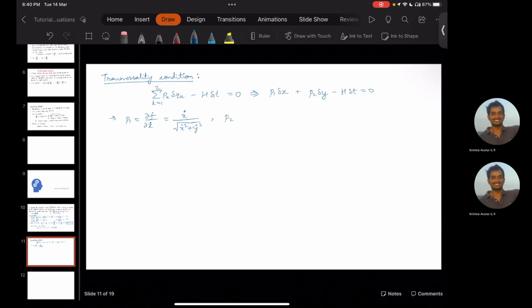Likewise, p2 is partial F by partial y dot, which is y dot divided by root over x dot squared plus y dot squared.